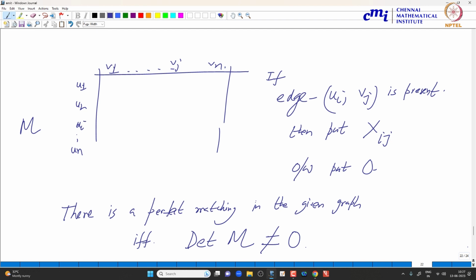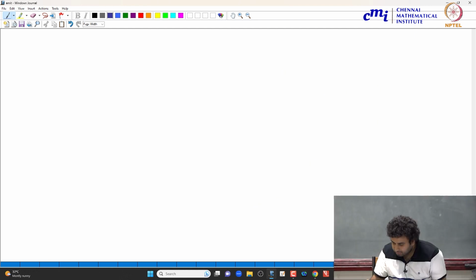Let me give you the idea why this works. The idea to test whether this determinant is non-zero is again to substitute random values and check if that determinant is non-zero, because you cannot expand out this polynomial. This determinant will be a polynomial in this case, and you use the Schwartz-Zippel lemma.